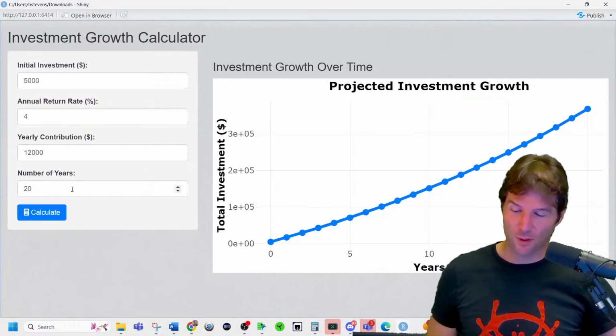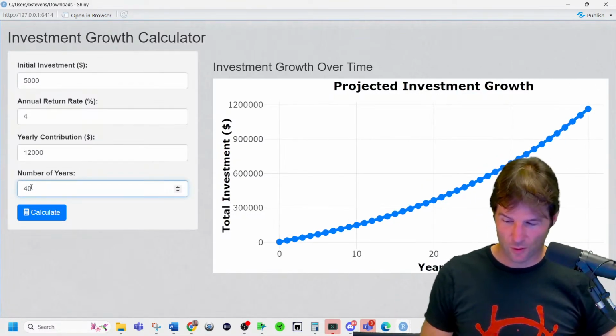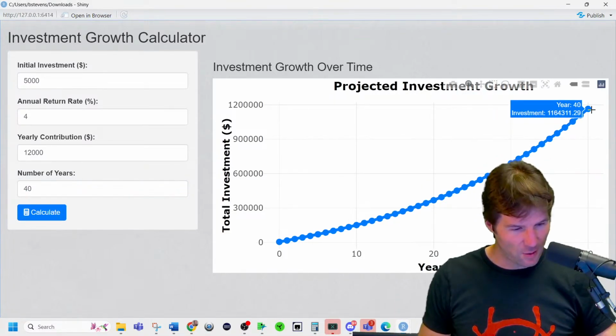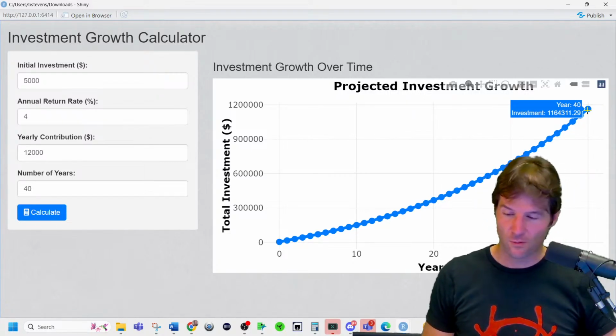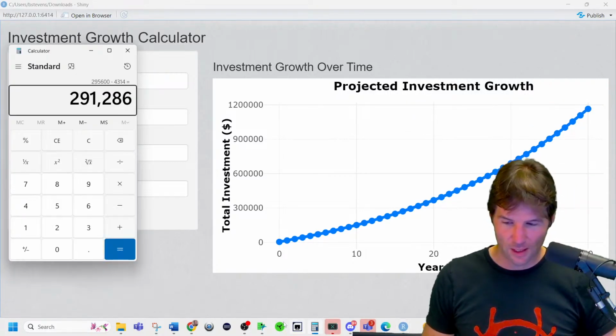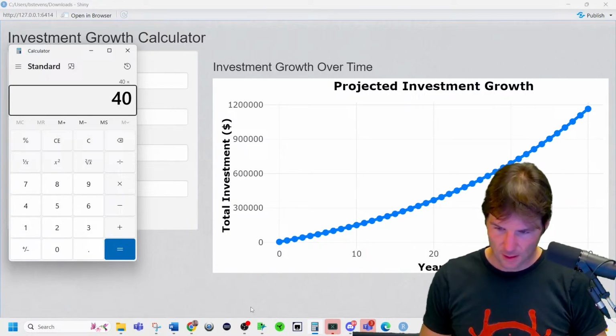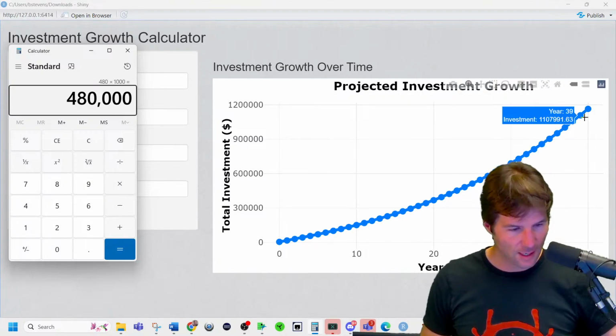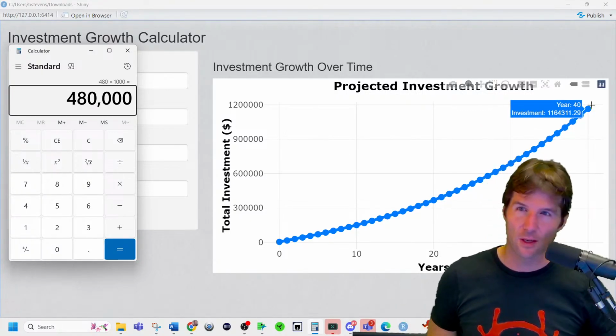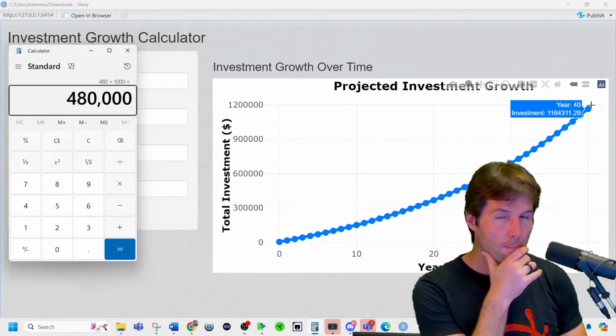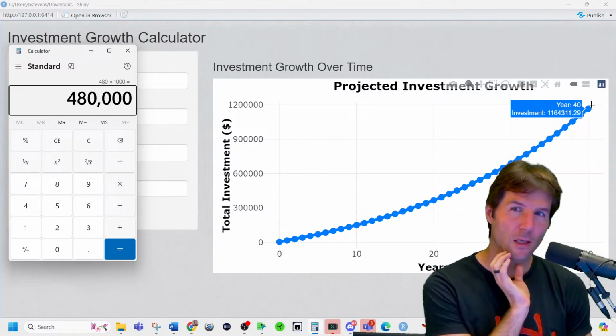And it really takes off the longer you go, especially if you go towards retirement. Now you have $1 million at retirement. And you might say, but isn't it 40 years times 12 times 1,000? If you look at that, and your initial investment was nothing, then you're getting 2.2 times your money.